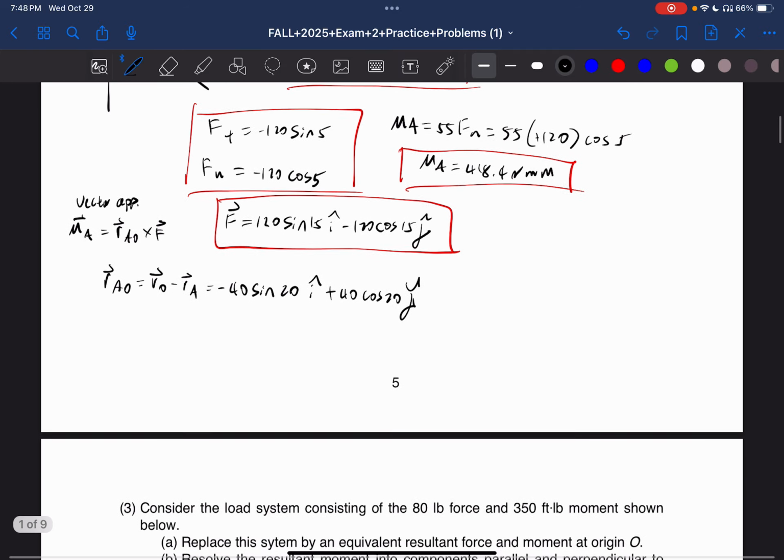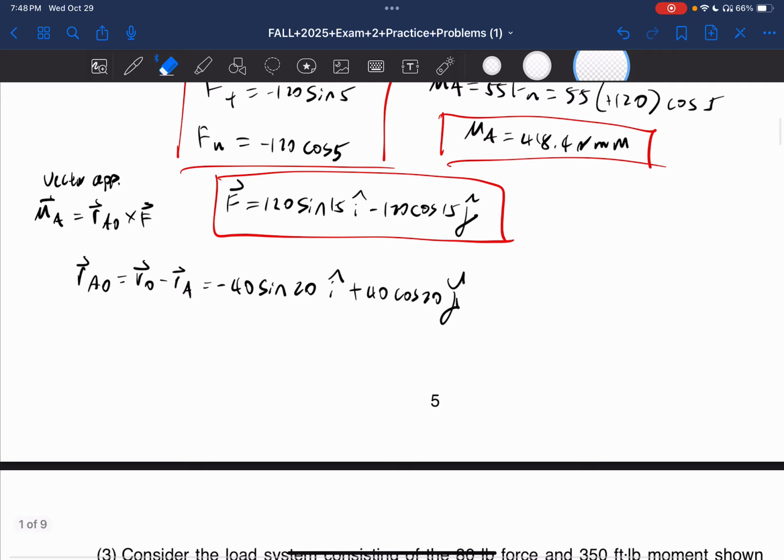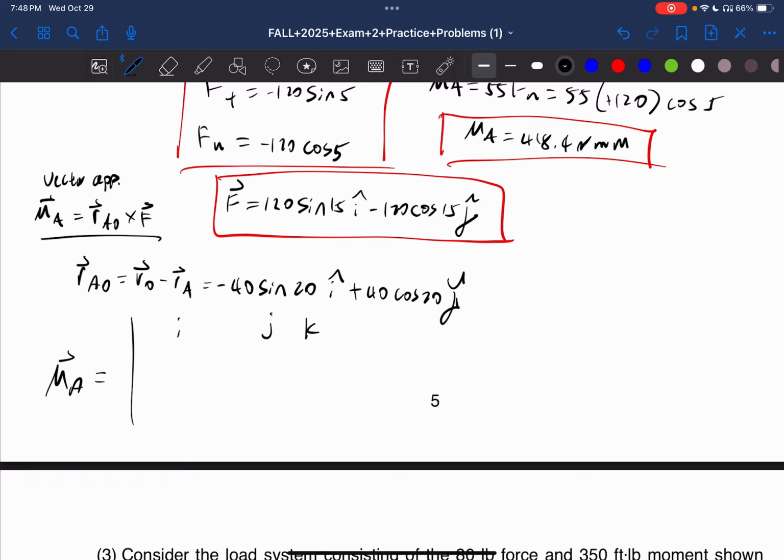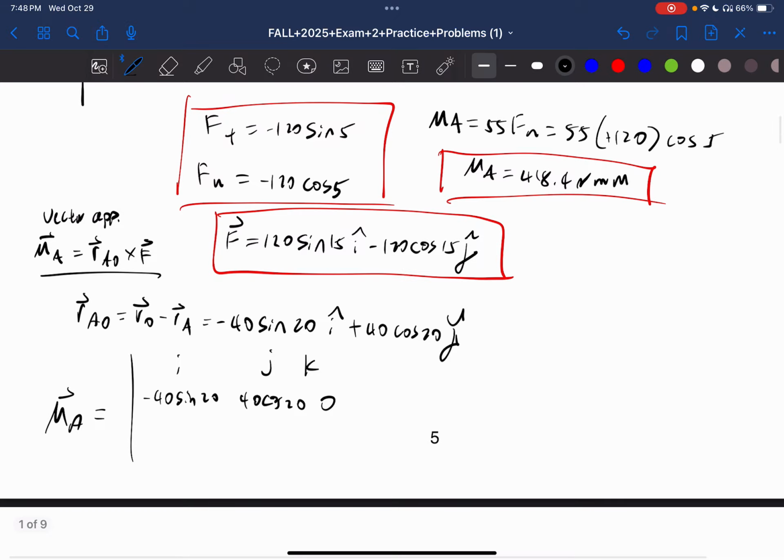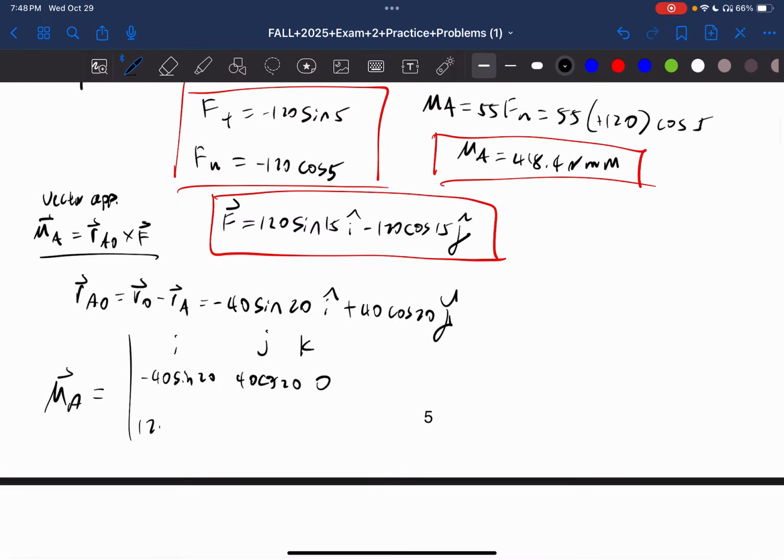Now that we have that, we can just do a cross product. It's pretty simple. So M_A is going to be equal to the determinant of i, j, k; negative 40 sine 20, 40 cosine 20, 0; and the force is 120 sine 15, negative 120 cosine 15, 0.